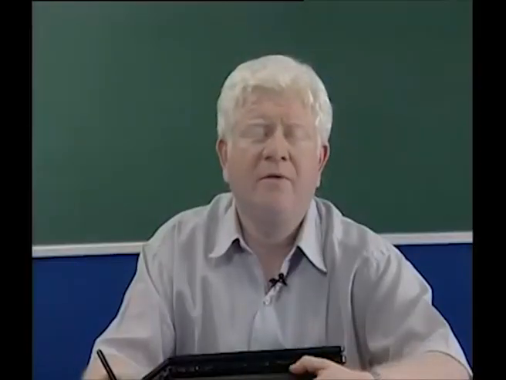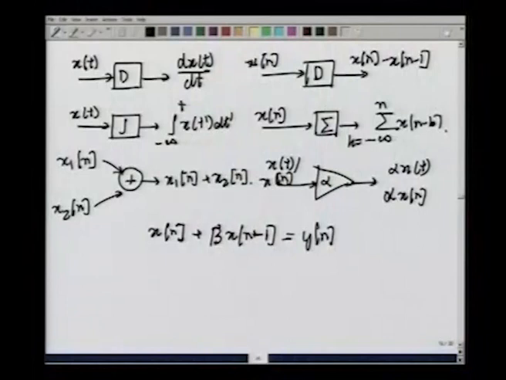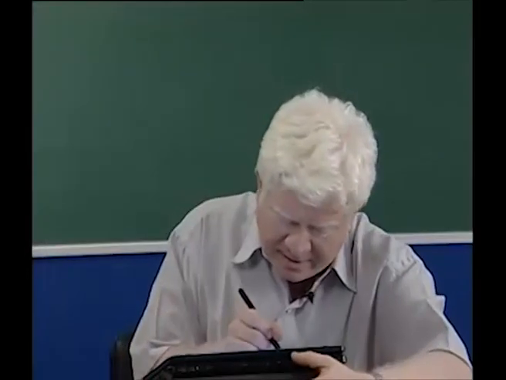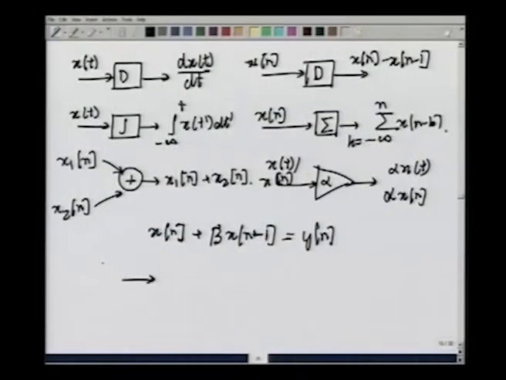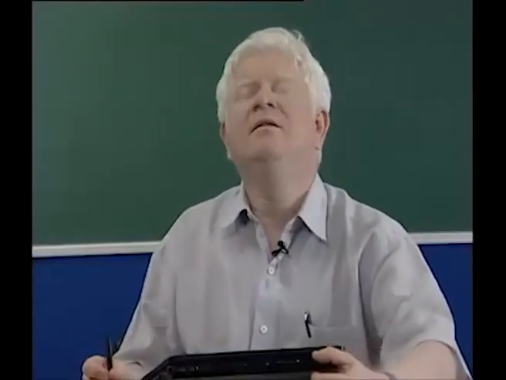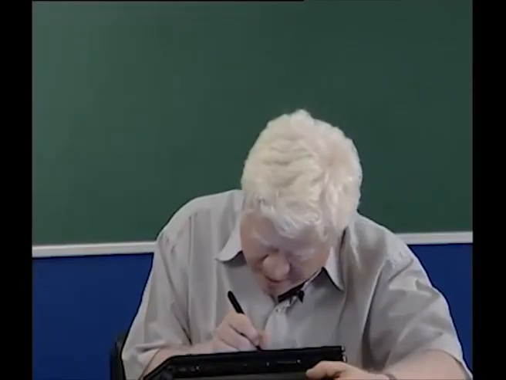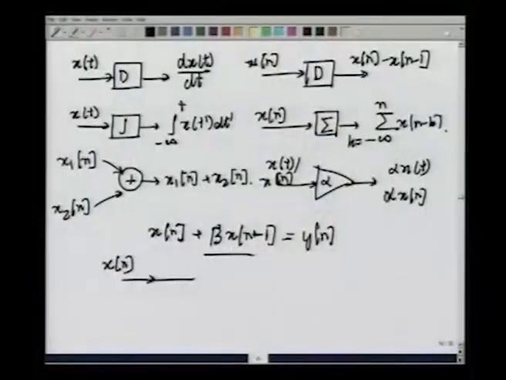Can we build an interconnection of these elementary blocks that we have over here to get y[n] if we have the sequence x[n] supplied to us? That is not very hard. Let x[n] be available over here. We need to add x[n] to something, namely to this term. Let us do that by constructing a summing block.